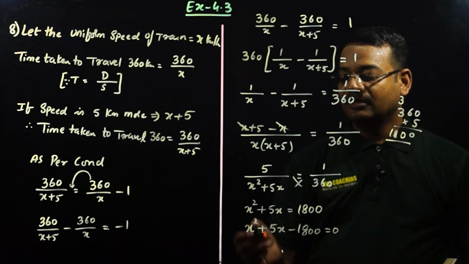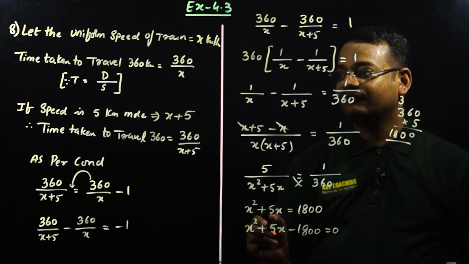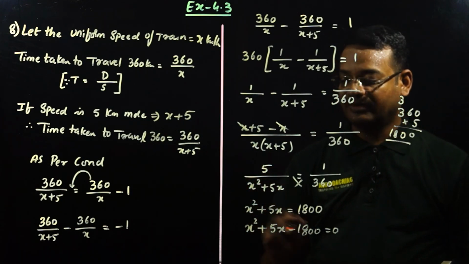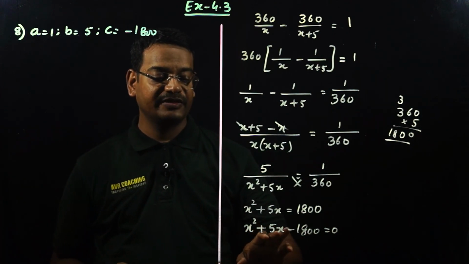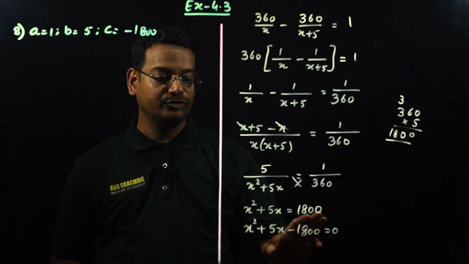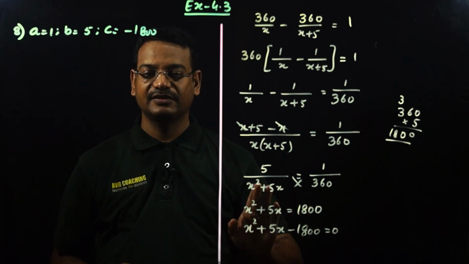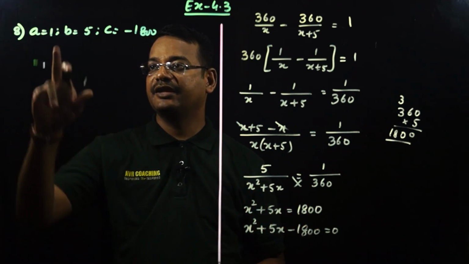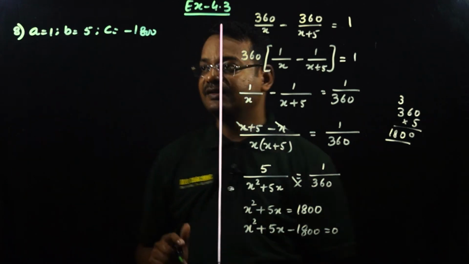Now we'll put the values of a, b, c in the formula of the quadratic equation and then find the uniform speed of the train. So from the quadratic equation x square plus 5x minus 1800 equal to 0, when we compare this equation to ax square plus bx plus c equal to 0, we can write a equal to 1, b equal to 5 and c is equal to minus 1800.